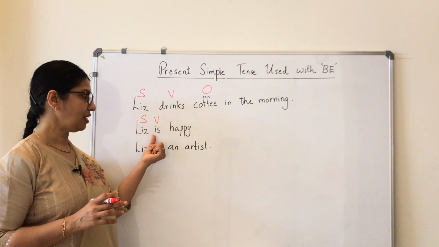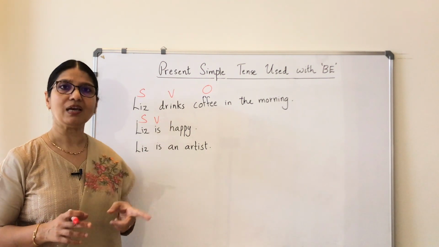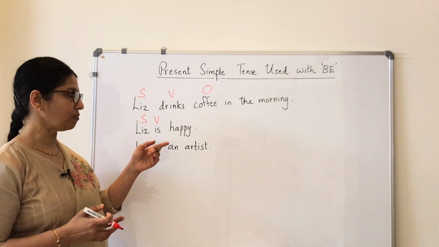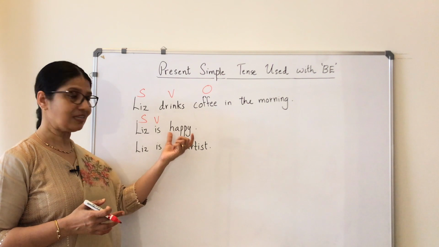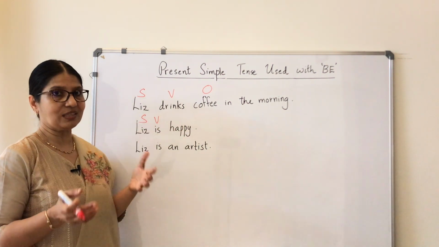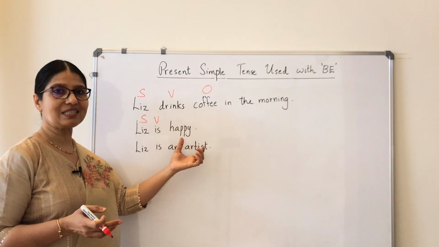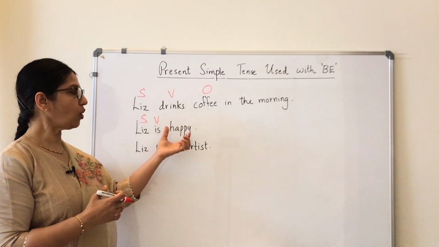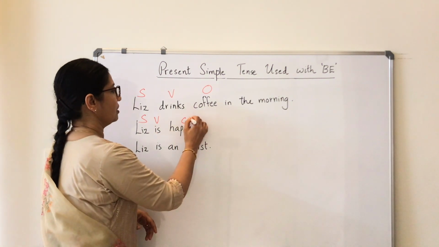It's a main verb, but can we call this word happy an object? No, we can't. It's not an object because it's an adjective and it is used to describe the subject. Or in other words, it actually completes the subject. It adds more meaning to the subject. So we call this word a complement.